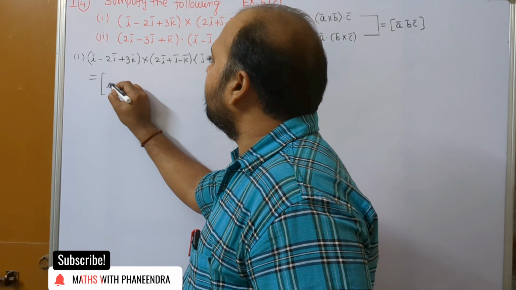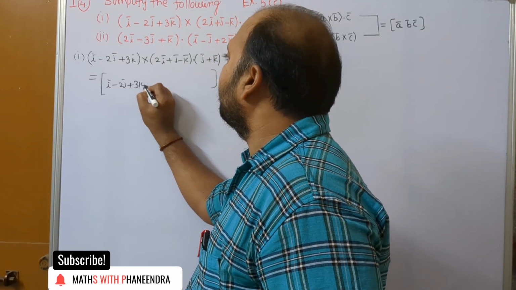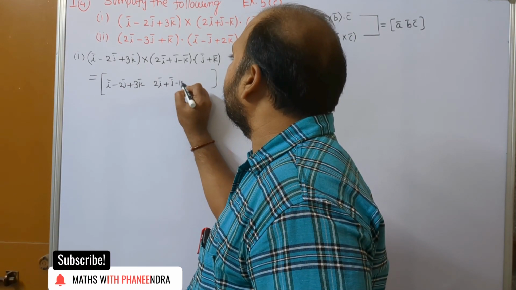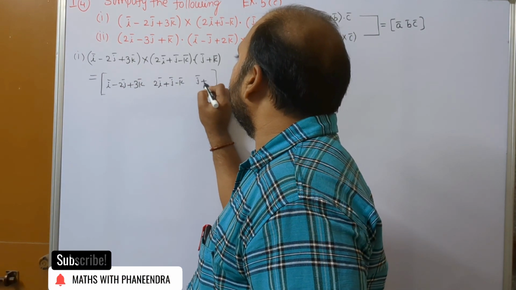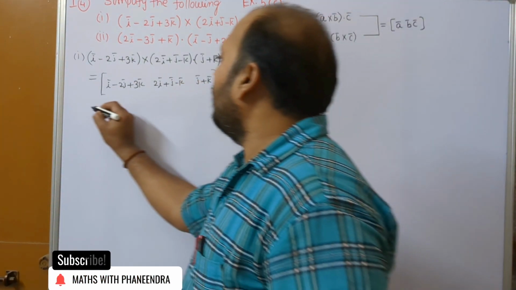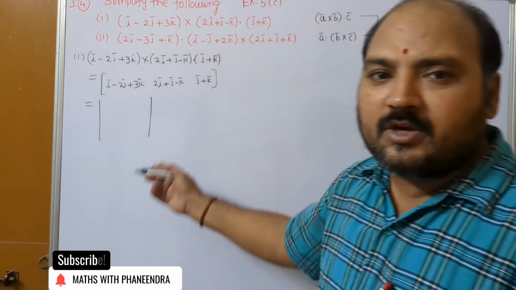So these vectors I am writing: i minus 2j plus 3k, next 2i plus j minus k, and j plus k. Okay. Now whenever box of ABC, you know how to write the determinant of this one.